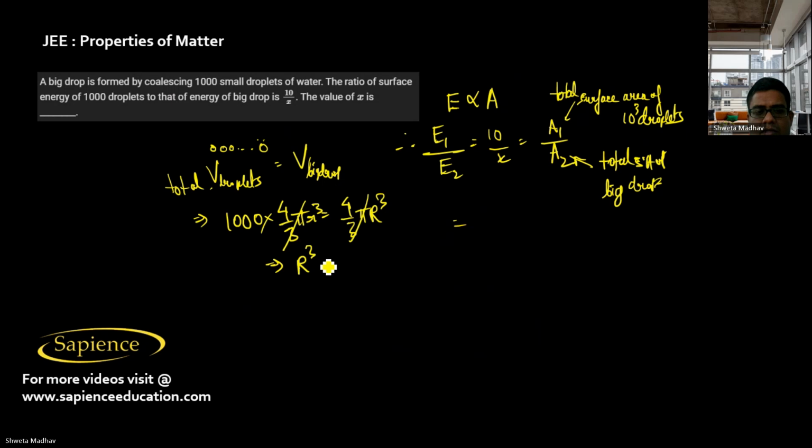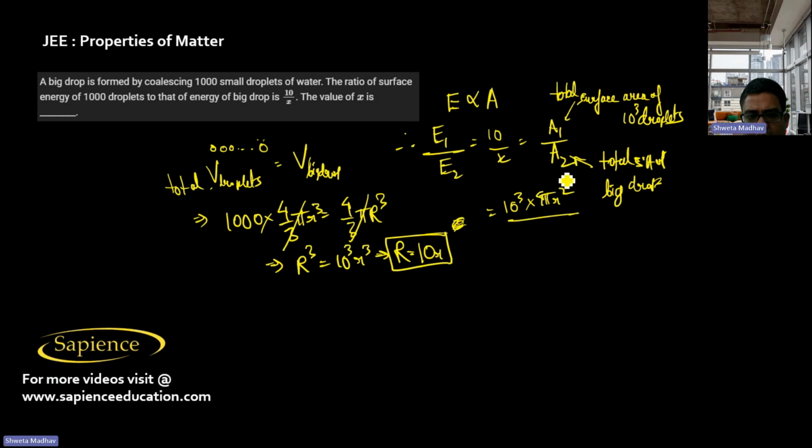So the ratio of surface area of the big drop by surface area of the droplets cancel.